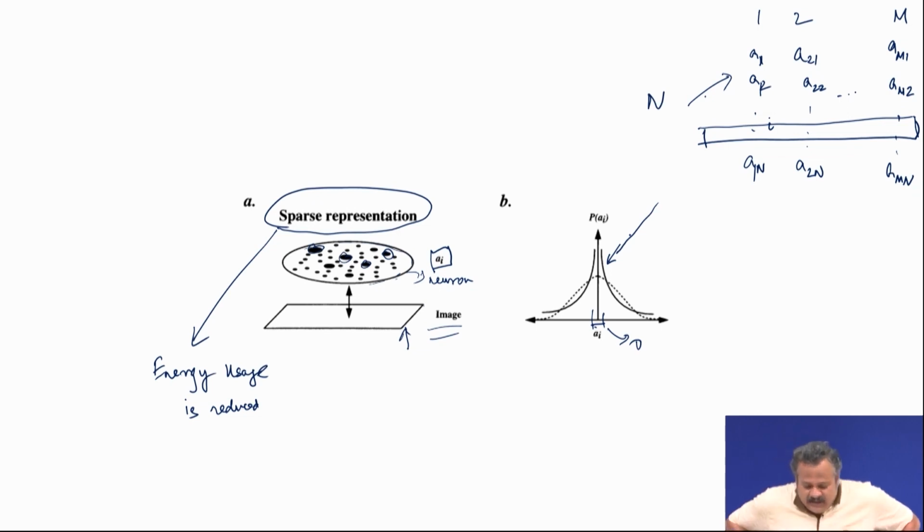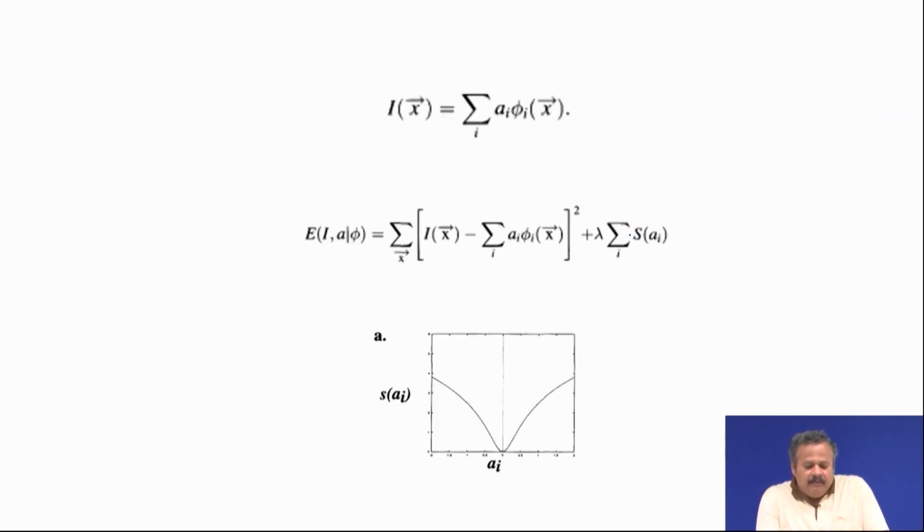So this would be the constraint they are using in terms of energy usage, and in terms of information not being lost, they used the image reconstruction error.